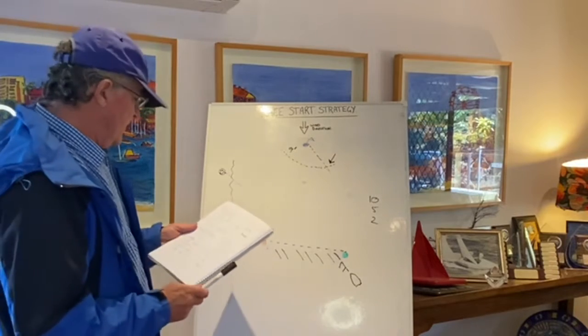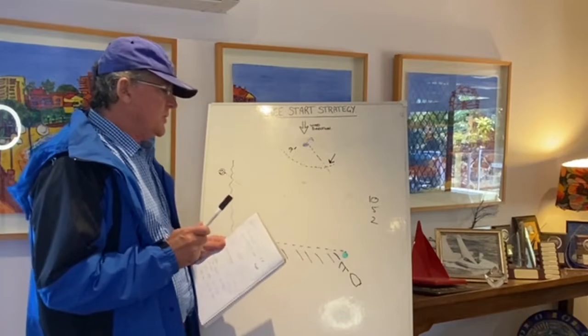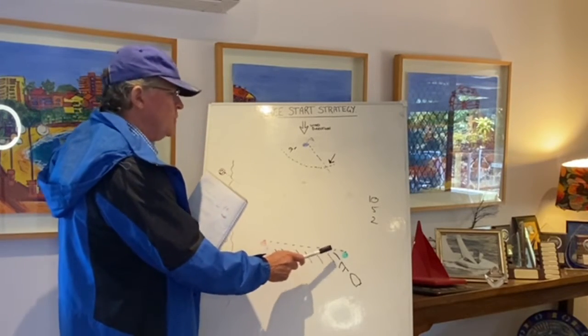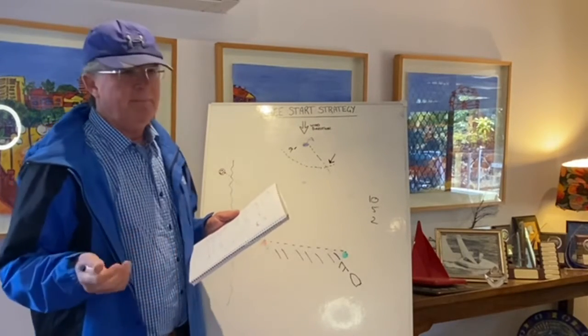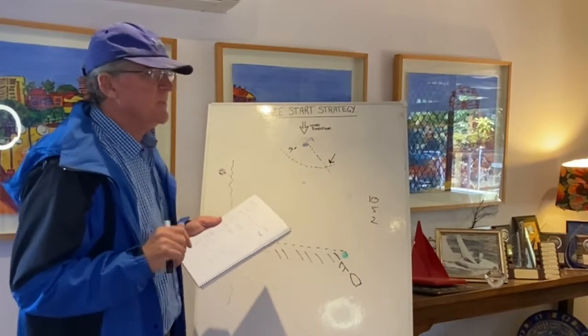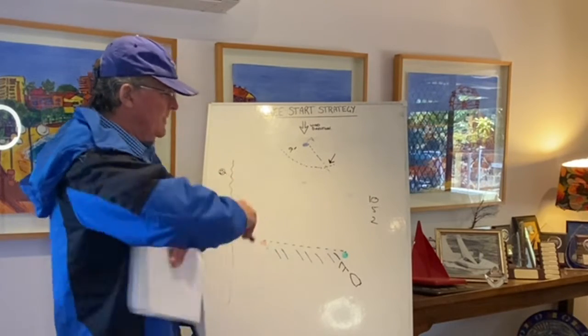The other thing you need to do is consider what your settings are after the start and whether you want to put into your transmitter a high setting. It's sometimes important at the start to be able to sail outside, away from the fleet.